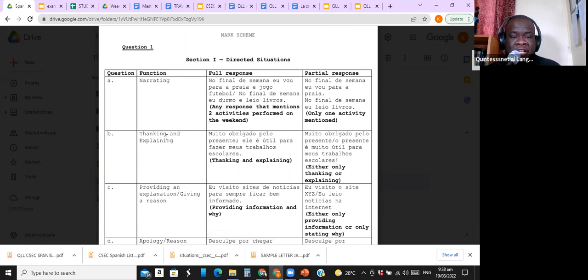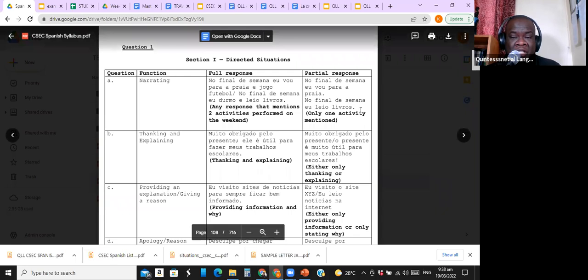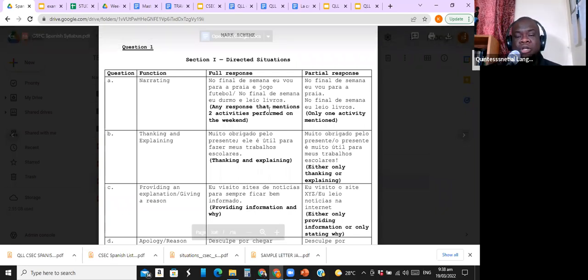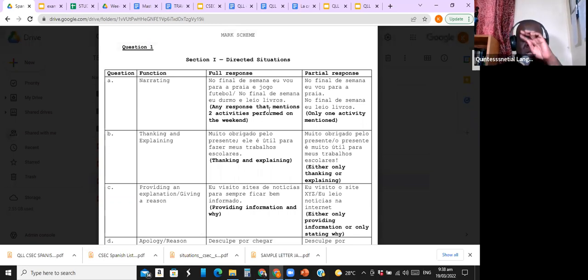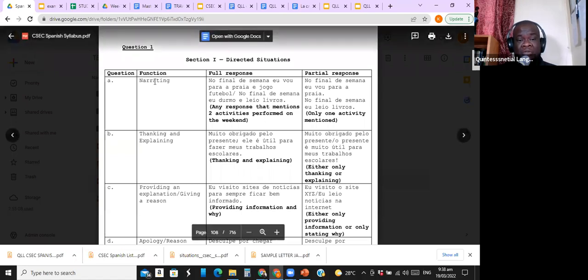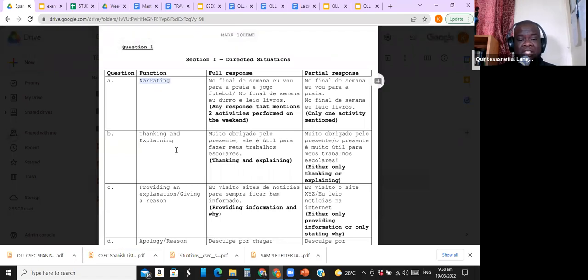The function was narrating. So they're looking out, you see? Question A, what was the function? What is an example of a full response? What's an example of a partial response? Only one activity mentioned. 2 activities were mentioned. I guess this specific situation asks them to list 2 activities of something. But you see where the language functions, narrating, thanking and explaining.